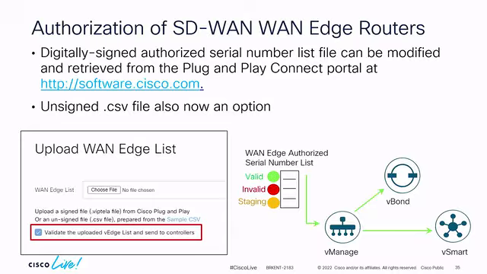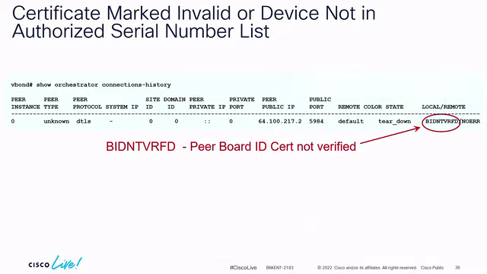While they appear on the list, we're not giving them authorization to come on the network. This is often a case that we see. We forget to check that box, and then we wonder why our devices can't come up. So I always make sure to check it. That way I can ensure that those devices are valid. Else we have to go back and turn that on one at a time.